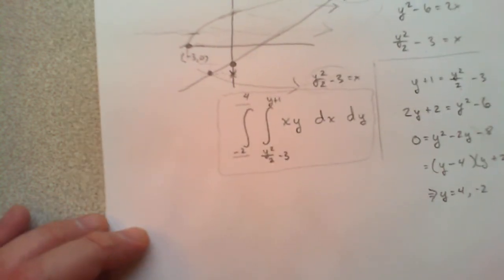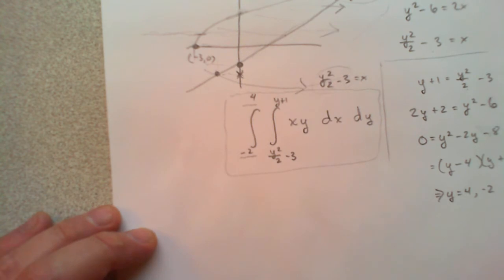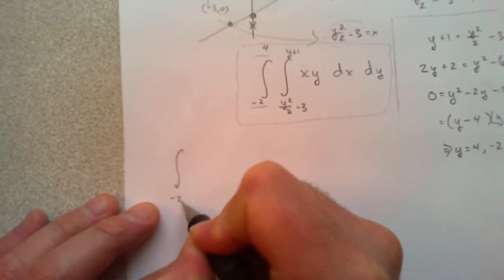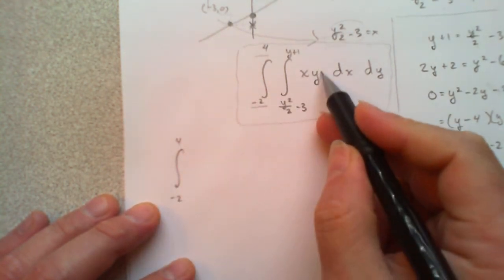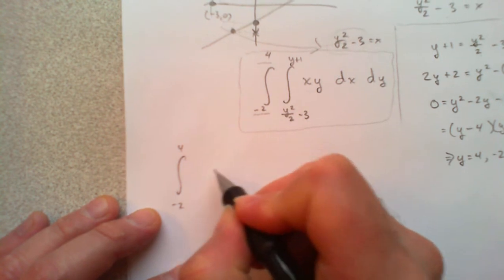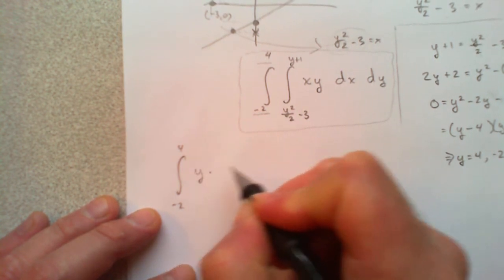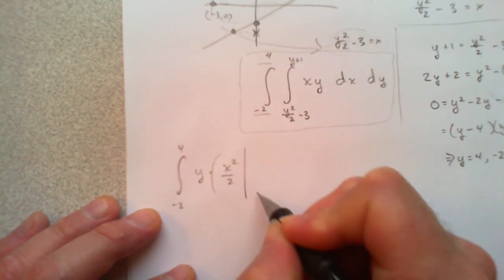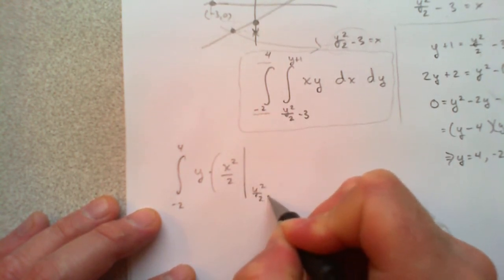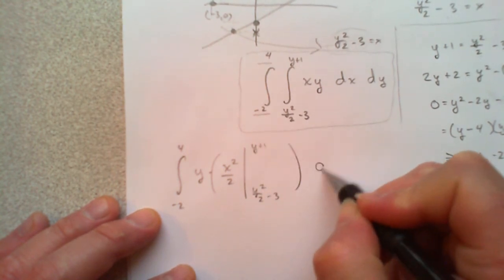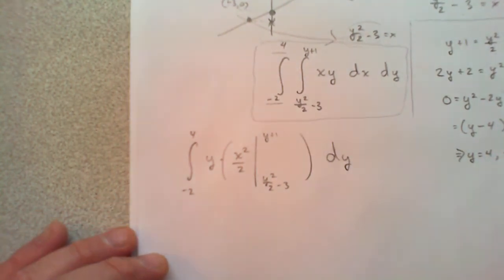Let me just go a little further with it just to show you what has to happen next. The outer integral goes from -2 to 4. Integrate this thing with respect to x. y is a constant, so therefore it's going to be y times x squared over 2, evaluated from y squared over 2 minus 3 up to y plus 1. Then after all this is done, I'm going to have to do dy.